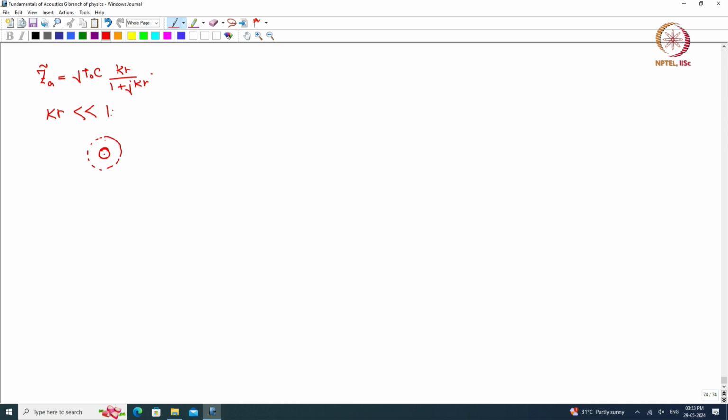So this is A and this is R, smaller than 1. Then what happens? Here I ignore jKr in place of 1, so that my Z tilde A is approximately j rho 0 c Kr. It is imaginary.